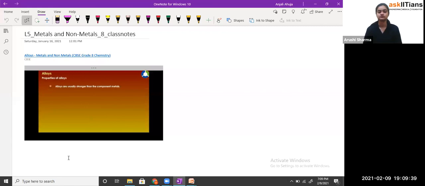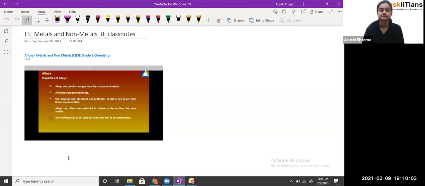Alloys are usually stronger than the component metals. Alloying increases hardness. The thermal and electrical conductivities of alloys are lower than those of pure metals. Alloys are often more resistant to chemical decay than the pure metals. The melting point of an alloy is lower than that of its components.